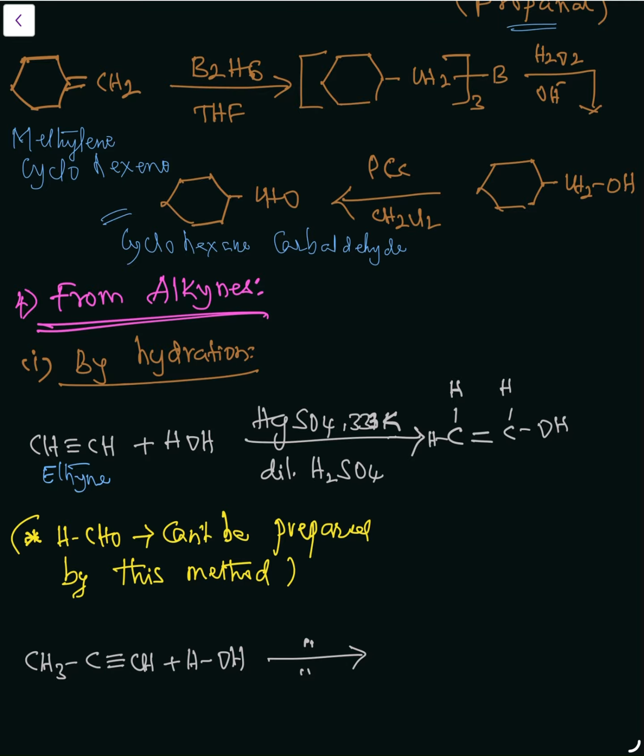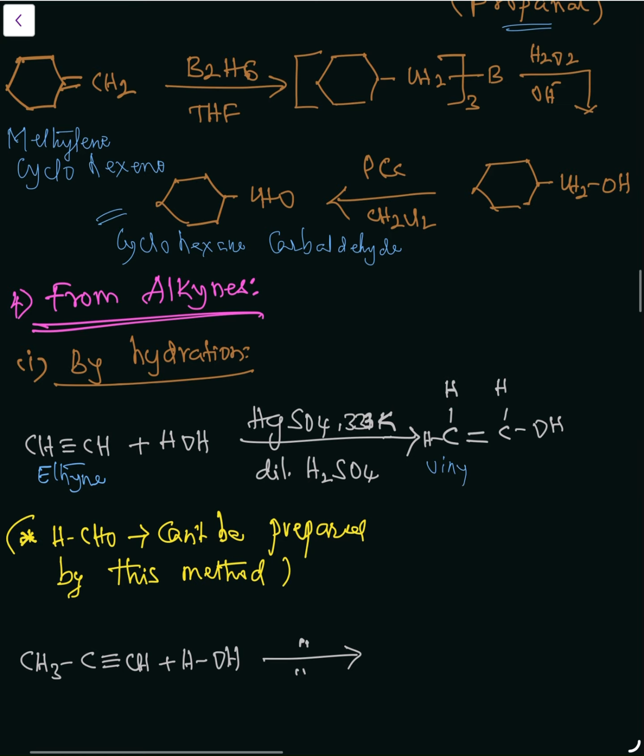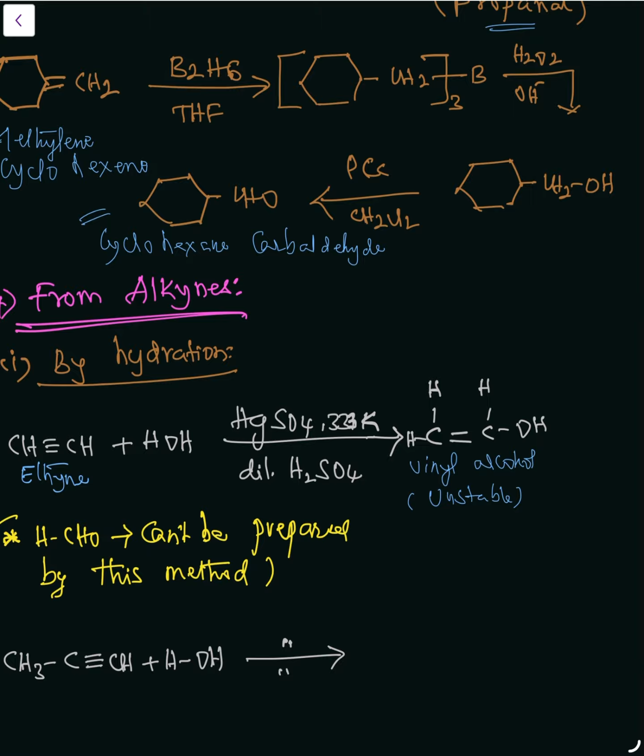So this is vinyl alcohol, which is an unstable compound, and it undergoes tautomerism. It tautomerizes into carbonyl compounds. How do we know? See, I'll write this mechanism here itself.